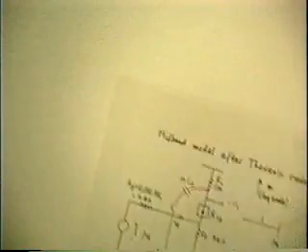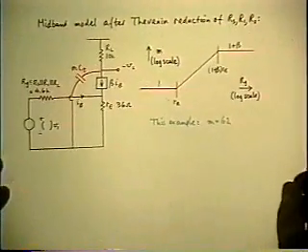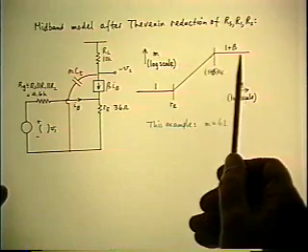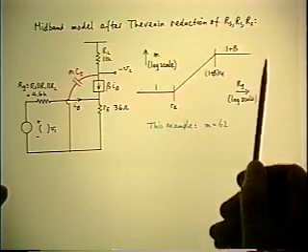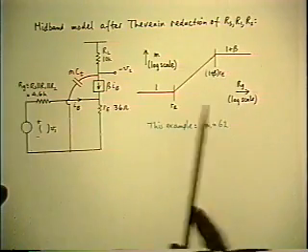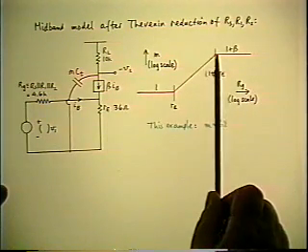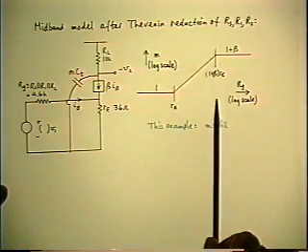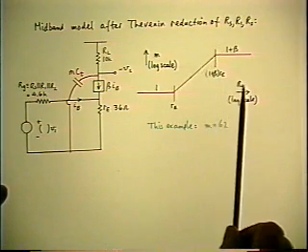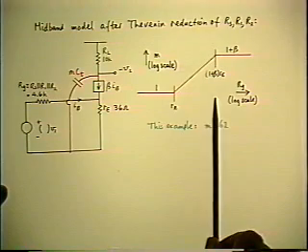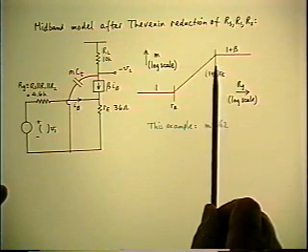And beta is 120. So the value of this asymptote is 120. And the actual value of RG we have in this example is almost at that corner, because 1 plus beta RE is 4.3K and the RG was 4.6. So we're just about at the corner.